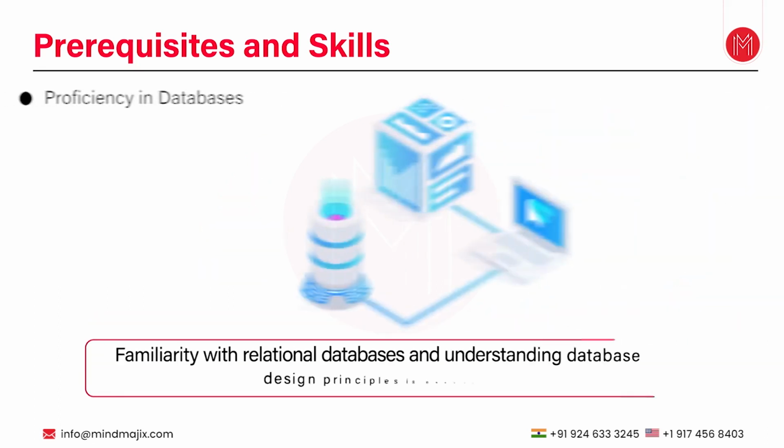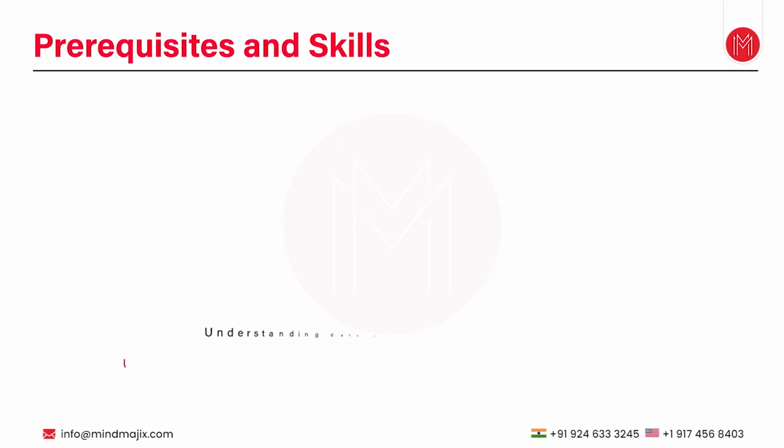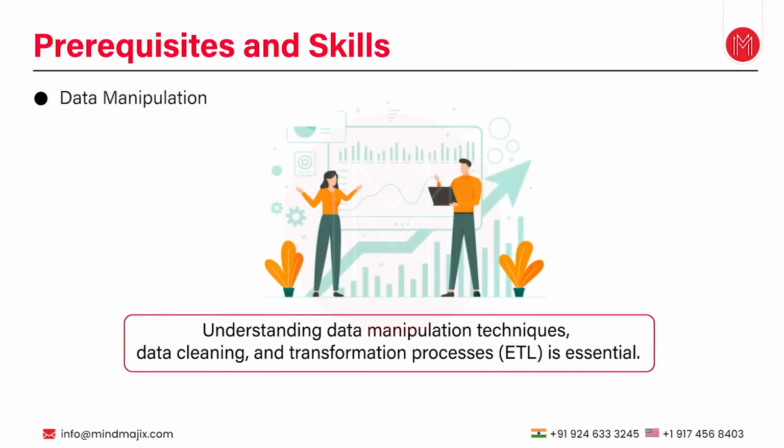Next, knowledge of databases. Familiarity with RDBMS and understanding DBMS design principles is essential. Additionally, knowledge of NoSQL databases is beneficial. Followed by that, we have data manipulation and transformation. Understanding data transformation processes, data cleaning techniques, and data manipulation techniques such as ETL is essential for data engineering tasks.